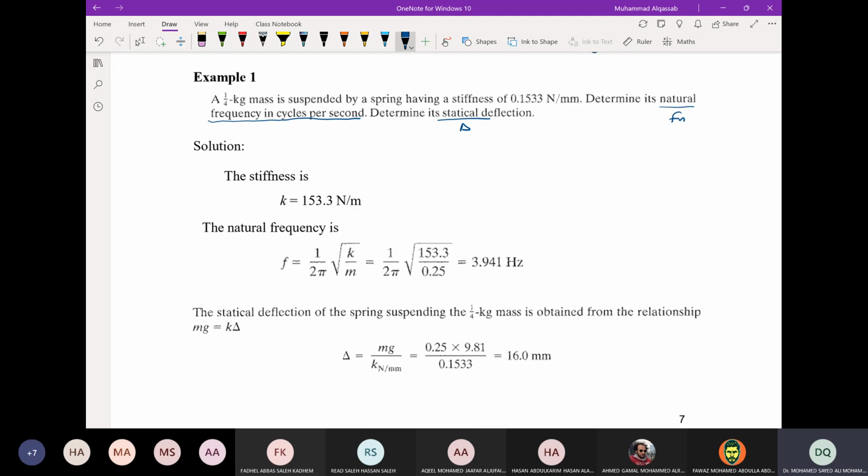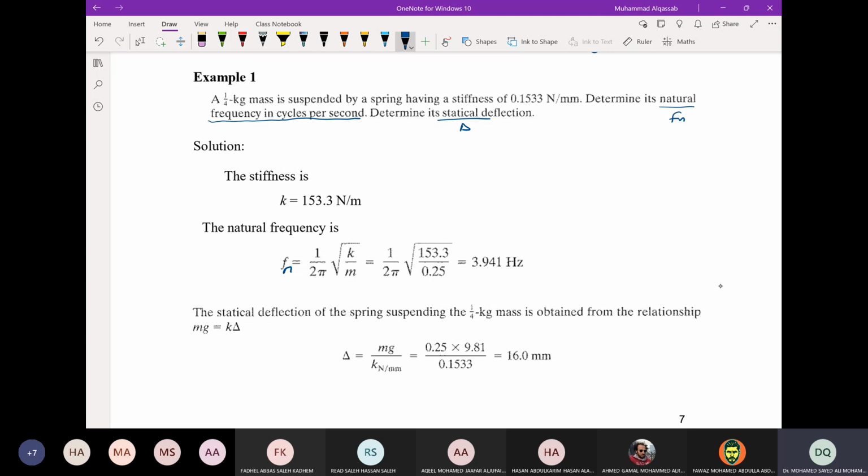Solution. The first thing you have to do is make consistent units to get the unit of the frequency. The unit of the frequency is hertz or cycles per second, and that can be obtained if you use the base units. So fn equals 1 over 2 pi square root of k over m.